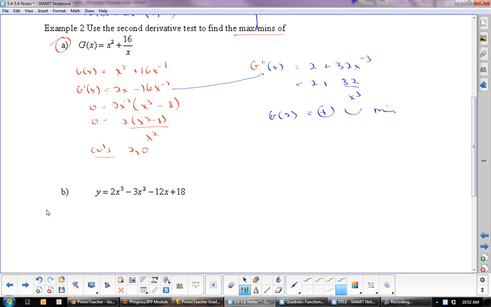Now, f of 2 gives you 12. Now g double prime of 0 would give you does not exist, because it's an asymptote.